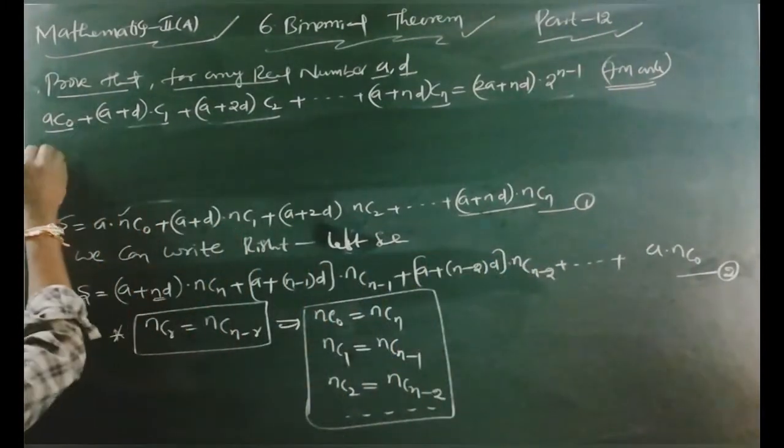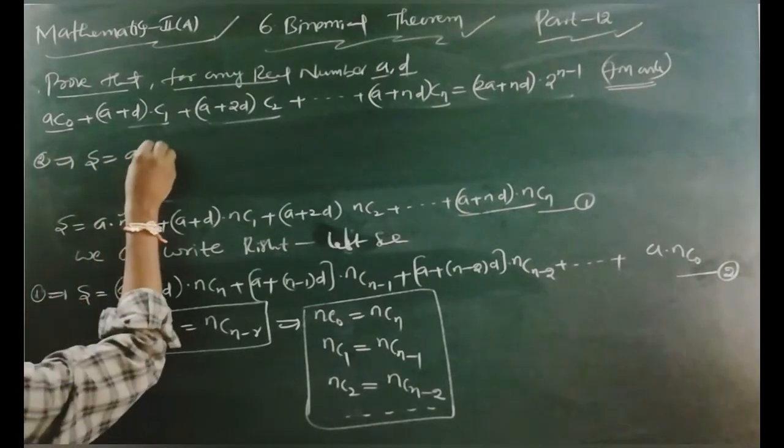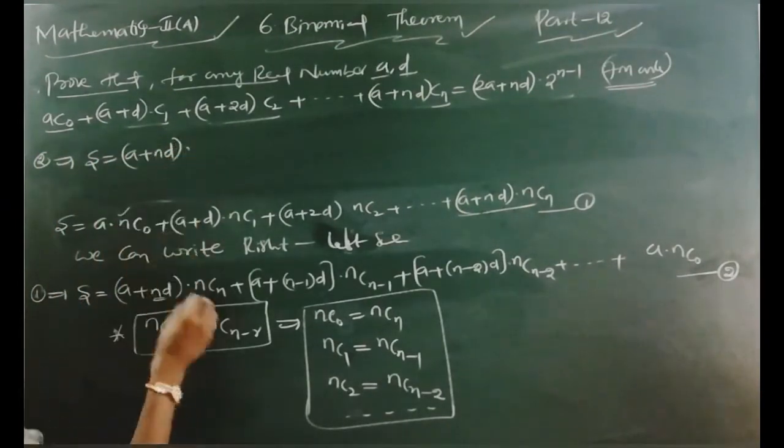This comes in equation 2. Equation 2 implies S is equal to (a+nd)·nCn.